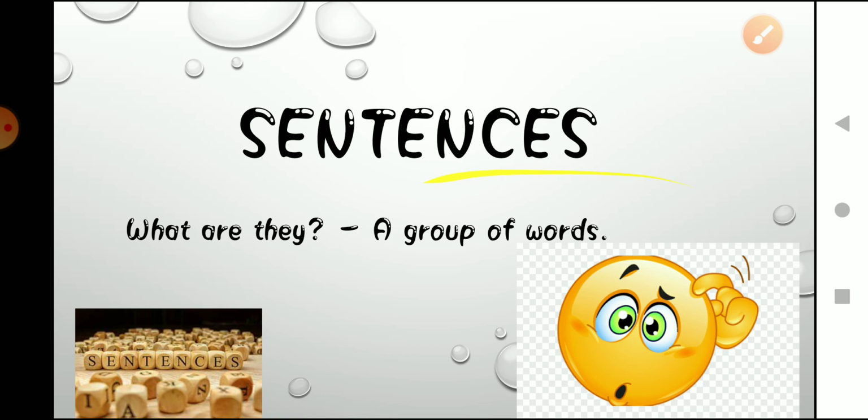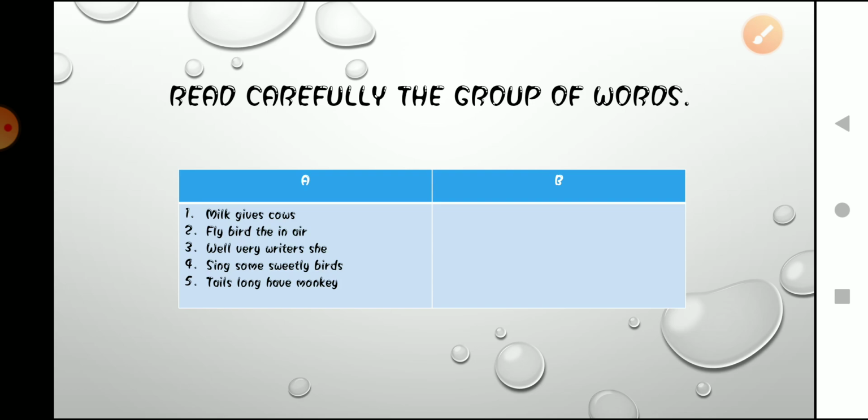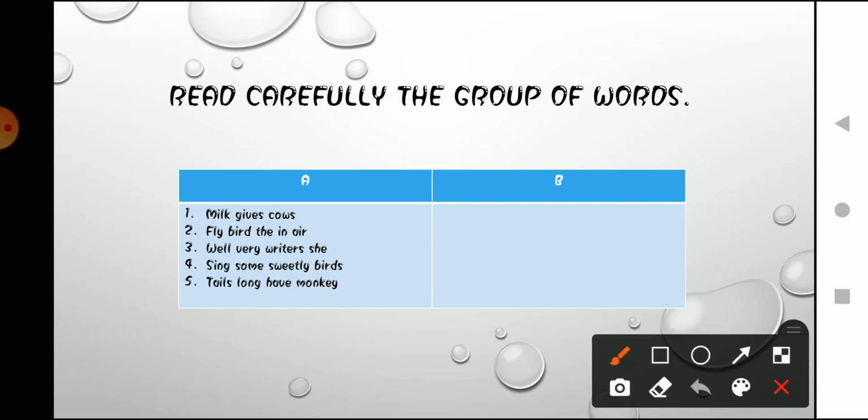Okay. So read the group of words given below, and let's find out whether these words are sentences or not. The first one is milk gives cow. Fly bird the in air. The third one is well very writes she.